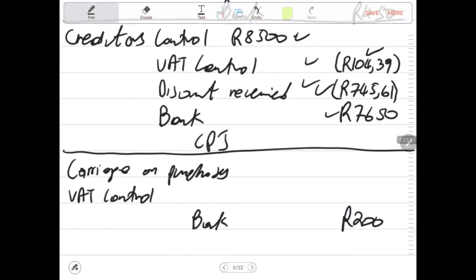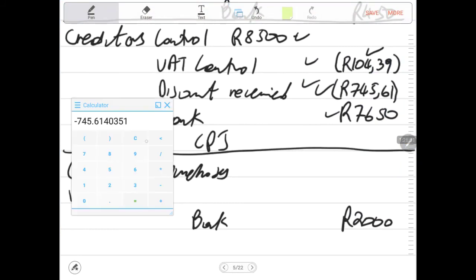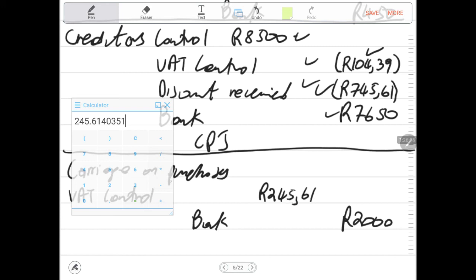Then we go to our cash payment journal, recording the 2,000. We then say now in this 2,000 we need to extract the amount of VAT again, times by 14 over 114. This gave us input VAT of 245 Rand 61 cents.